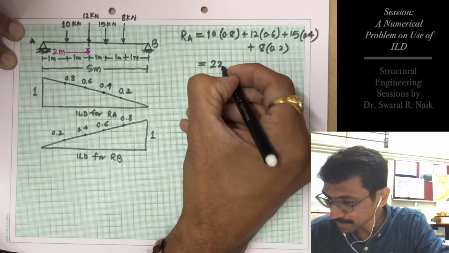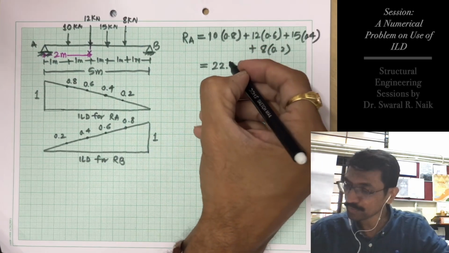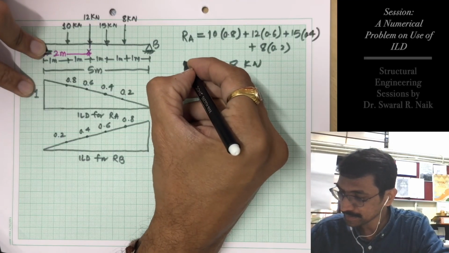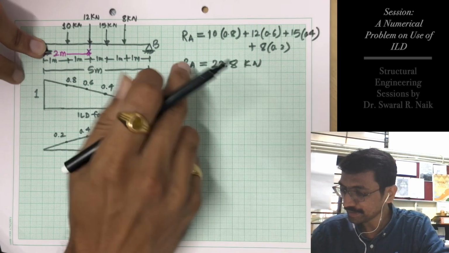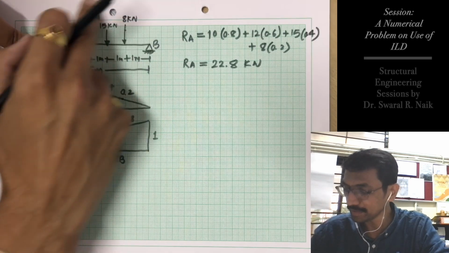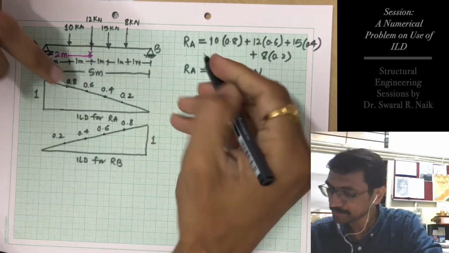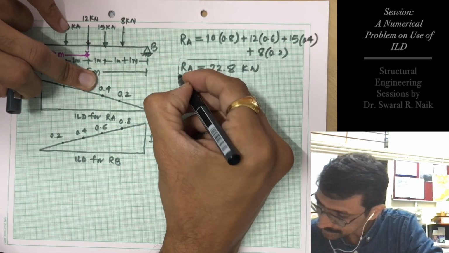I have already calculated this, 22.8 kilonewton. This is the value of reaction at A when the load position is this.